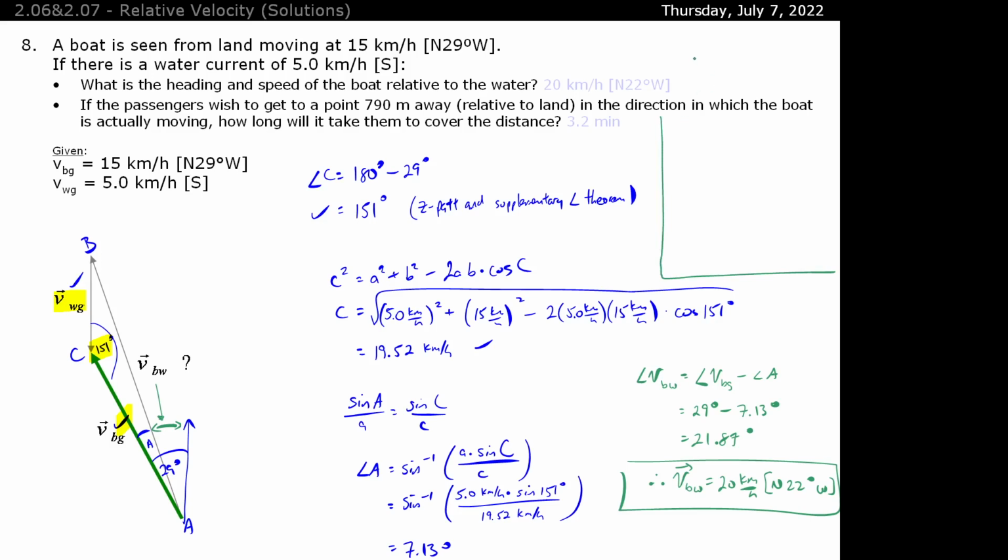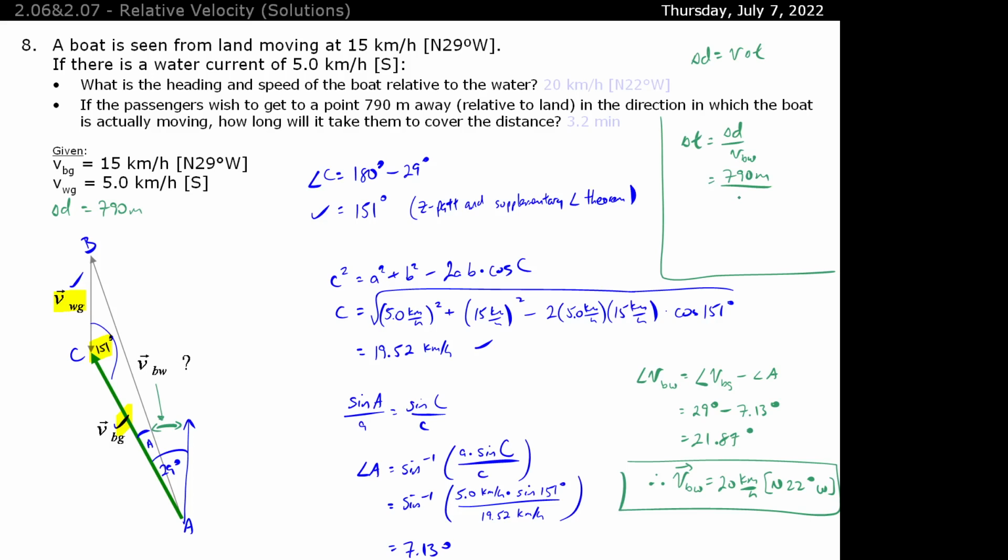We know that D is equal to V delta T. So delta T is equal to delta D over V. Delta D is equal to 790 meters. So 790 meters divided by V, should be more specific, VBW. There you go.